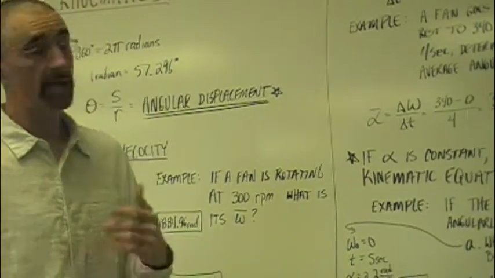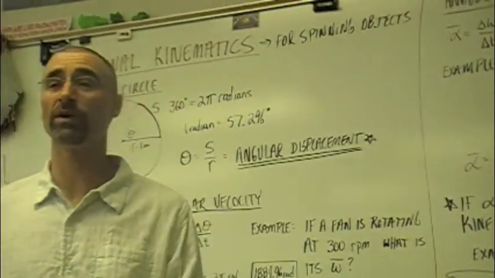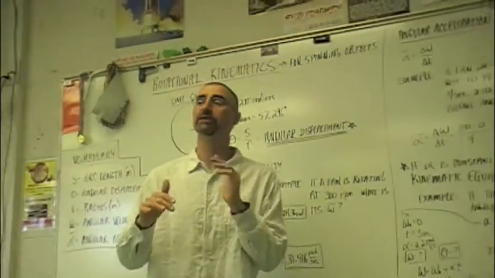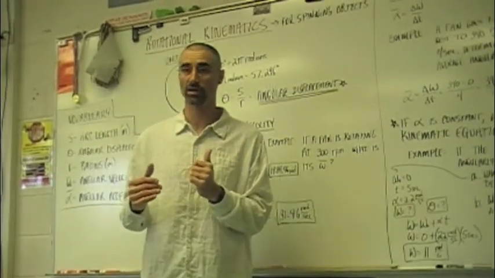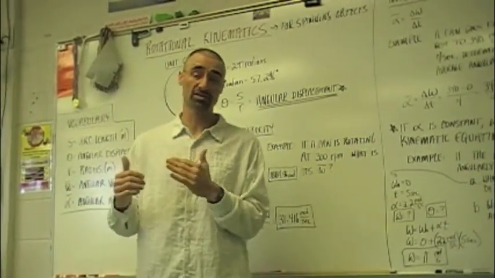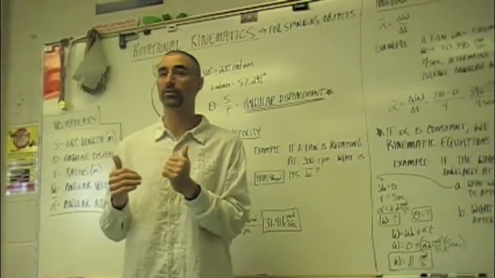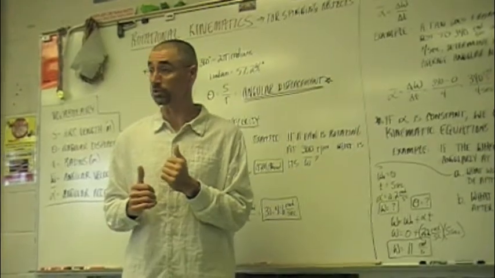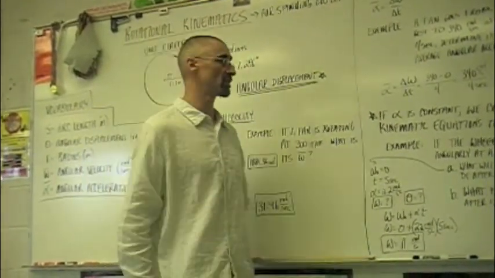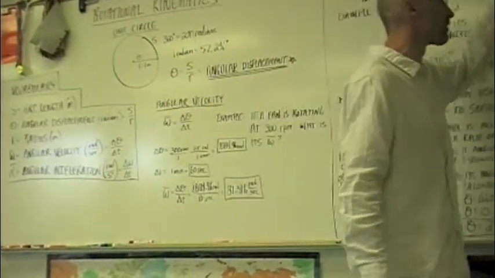Okay? Now, guys, just like when we did linear stuff, if we get to a point where we have constant acceleration, then we can start to apply the kinematic equations. Let's bounce over here really quickly.